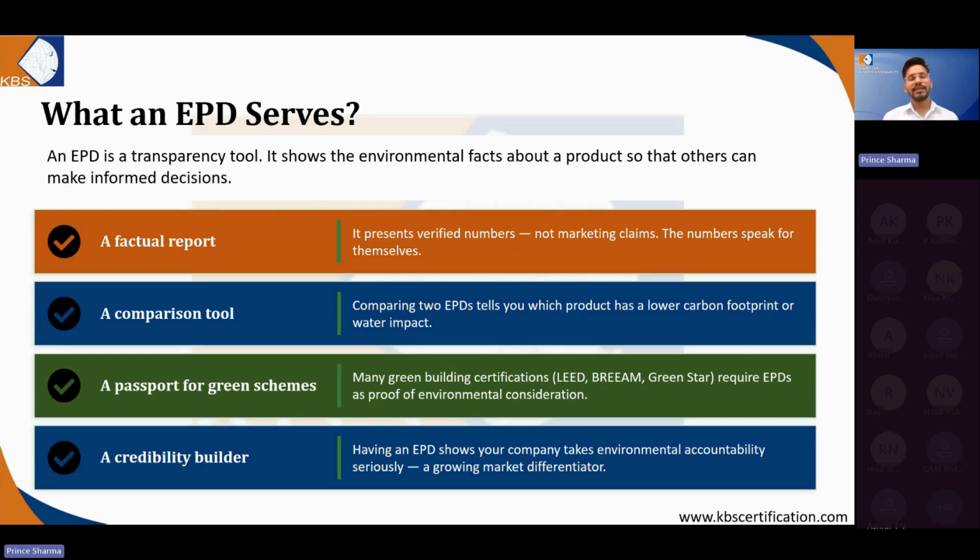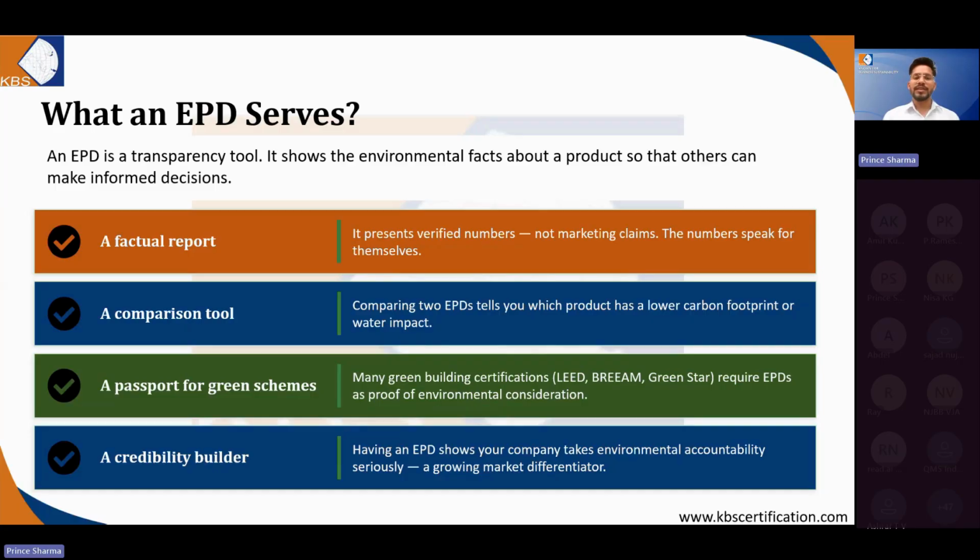Because they have the PCR, which is always for aligning the same kind of rules, the product category rules, which makes EPDs comparable for similar product categories. So it's a comparison tool. Comparing two EPDs tells you which product has a lower carbon footprint or water footprint.